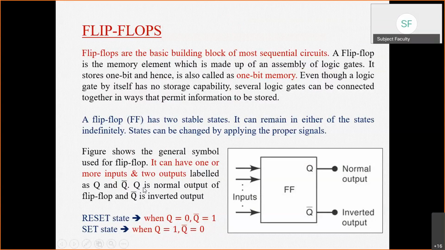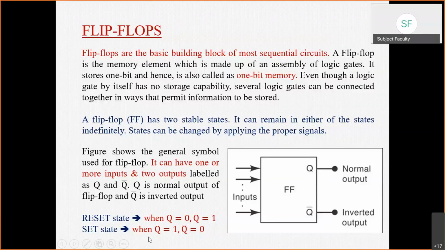So the outputs of a flip-flop will always be Q and Q bar. There are two more important points, the reset state and the set state. Depending on the value of Q, if Q equals 0, then obviously Q bar will be 1, and in this condition we say our flip-flop is in reset state, or the flip-flop is reset.